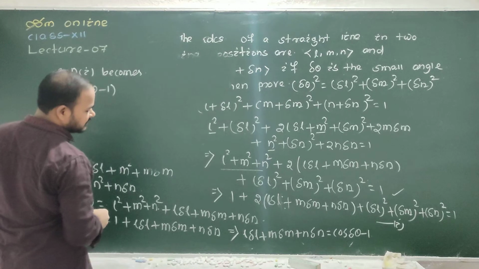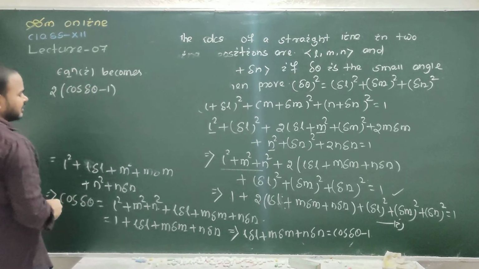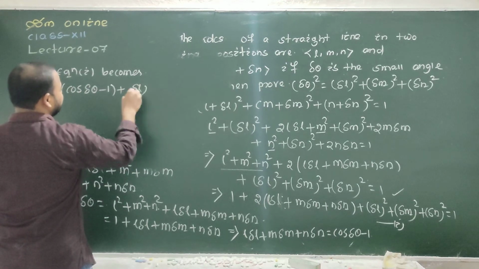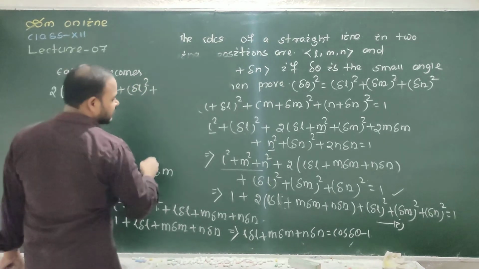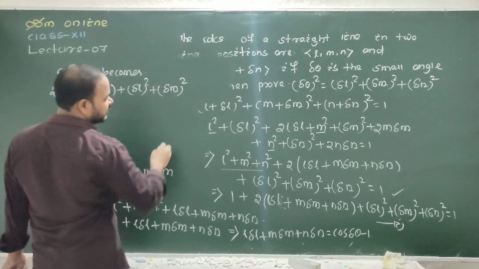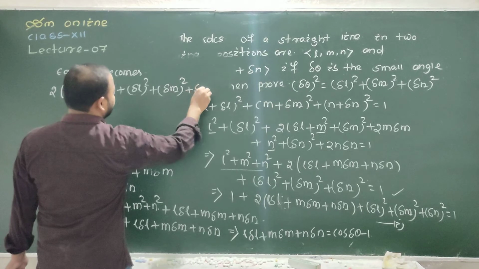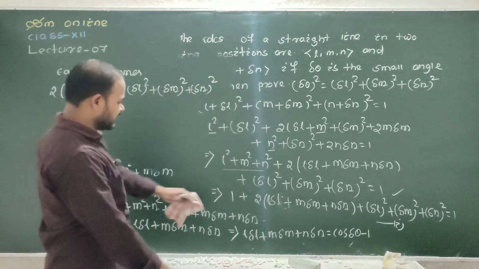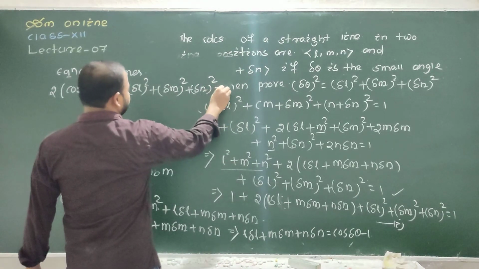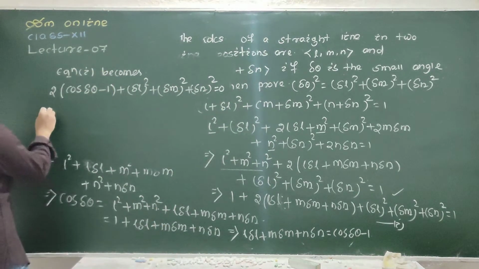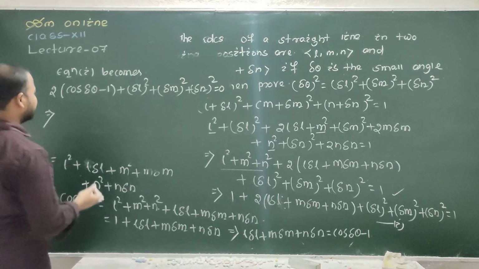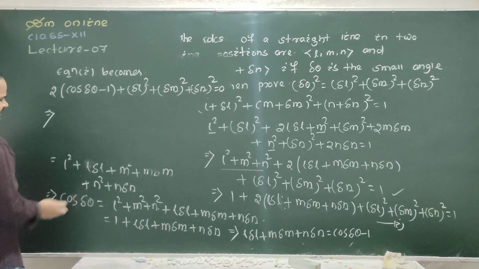Okay, cos del theta minus 1 plus del L square plus del M square plus del N square. 1 and 1 cancel, so it should be 0. And we know that this is cos del theta minus 1. Okay, cos del theta minus 1, we know that this is what?